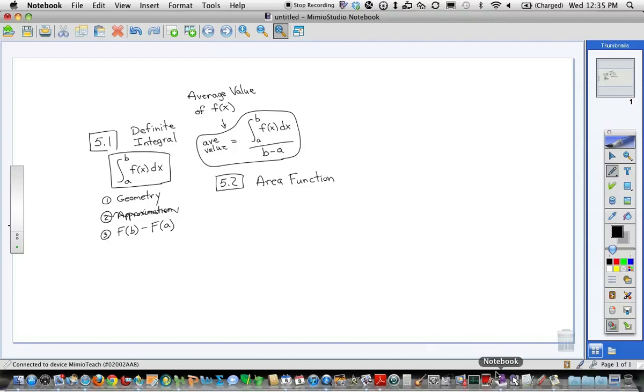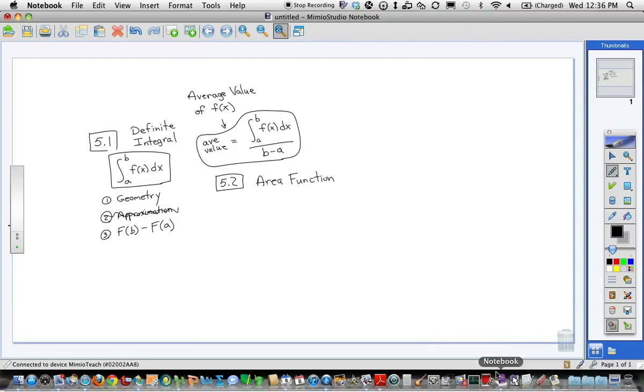Okay, so we did all this investigating, and the great big deal, I know, I was very excited, and everybody was like, yeah, wow, okay. And the area function was what? The antiderivative, right? But that was the result.